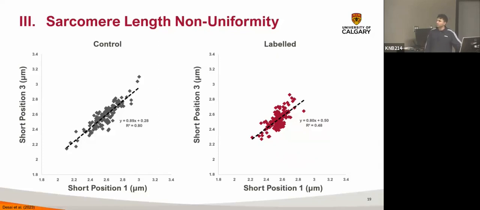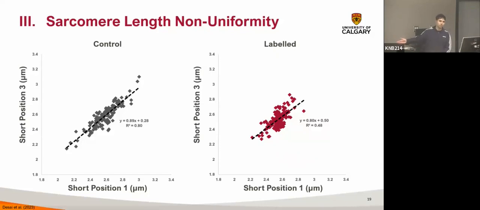It does look different to me qualitatively, and the numbers seem a little different as well. As for spread, it's possible to attribute that to the fact that in our labeled samples we were able to measure more accurately. Say a sarcomere's length is supposed to be 2.7.